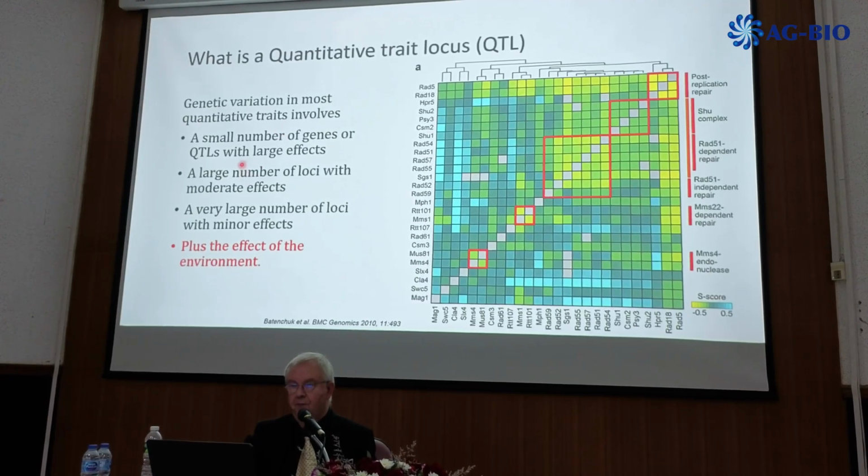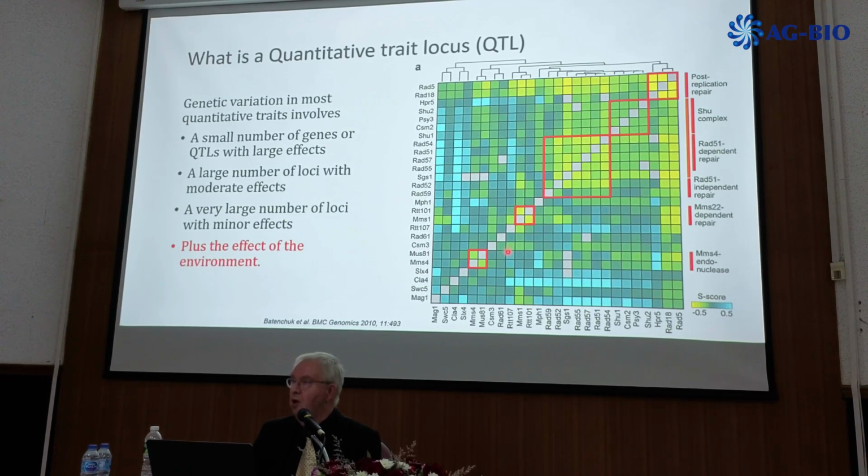So you see here a small number of genes or QTLs that have a large effect. Some have moderate effects, and very large numbers have minor effects. And then you can see here in this heat map, the heat map shows actually a block of genes that interact in one way or another. This is a beautiful example of the very complex epistatic interactions of different genes.